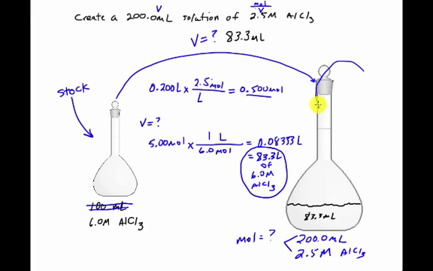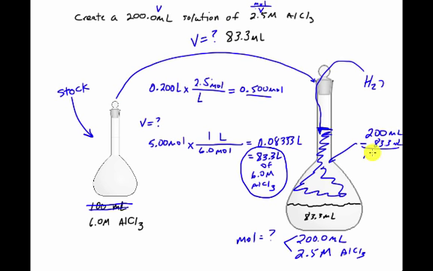Now what I have to add is water. So water now has to go inside of this container. And I would go ahead and add water until I got to this mark right here. So the water that I would add, which would be the rest of the solution here, would be the 200 milliliters minus 83.3 milliliters, which is about 116.7 milliliters of H2O.